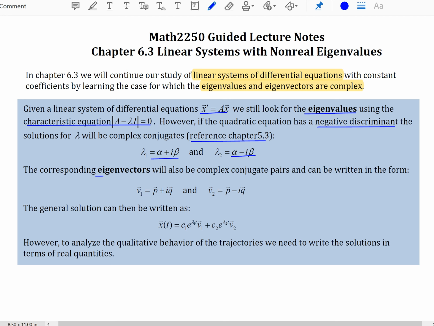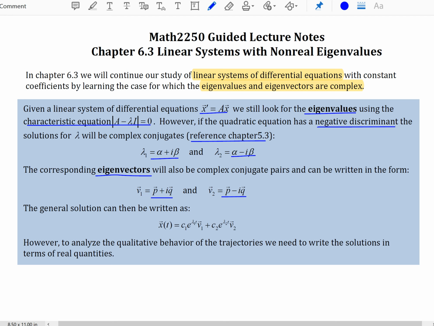The corresponding eigenvectors will also be complex conjugate pairs and can be written in the form p plus iq and p minus iq. Now, the general solution can still be written as a linear combination of each of the eigenvalues and eigenvectors.